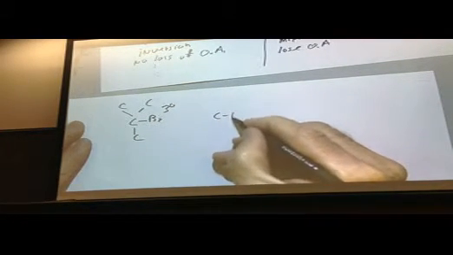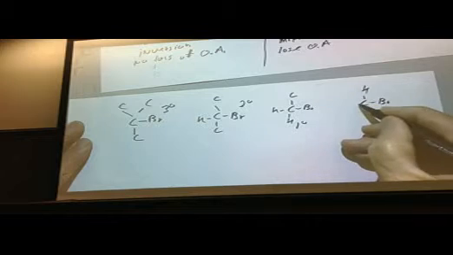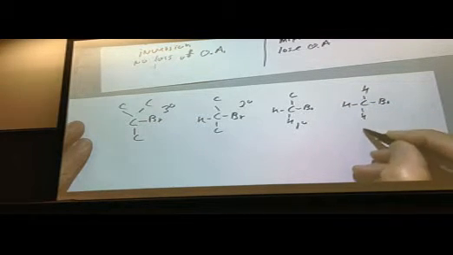If you have a carbon with a halogen, 2 carbons attached to it, and a hydrogen, this is a 2nd degree. If you have a carbon with a halogen and only 1 carbon attached to it, this is a 1st degree. And if you have a carbon with a halogen and no carbon attached, this is a methyl.